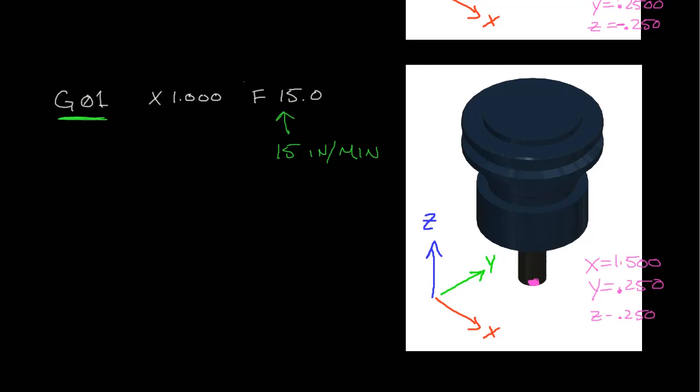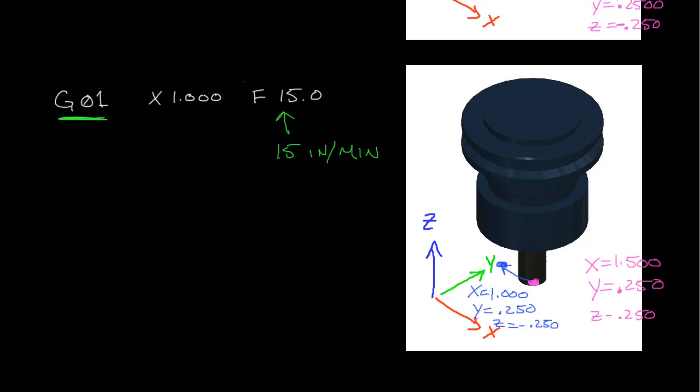So where is that going to end up? Well, it's going to go along a path backwards, right? So it's actually going to go to this location right here. It's going to go along the X-axis to a point of X equals 1.000, Y is equal to 0.250, and Z is equal to negative 0.250.